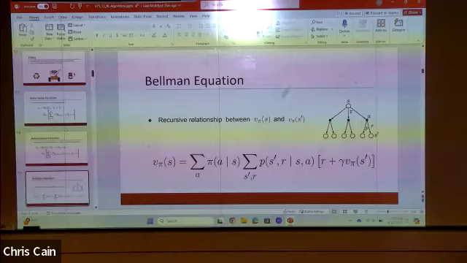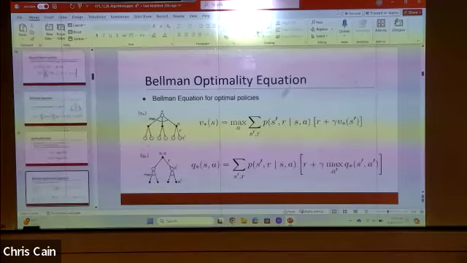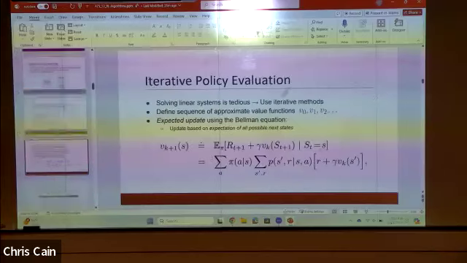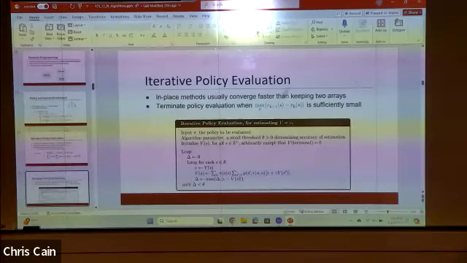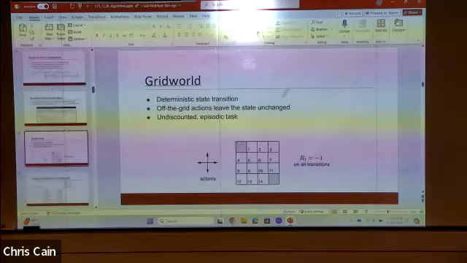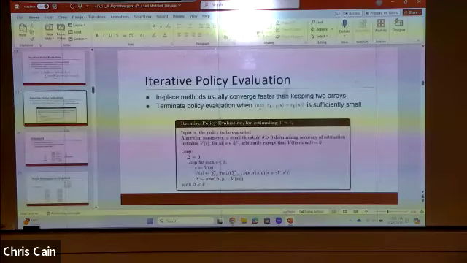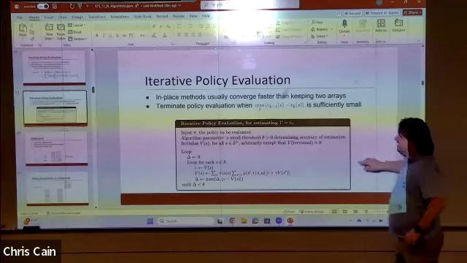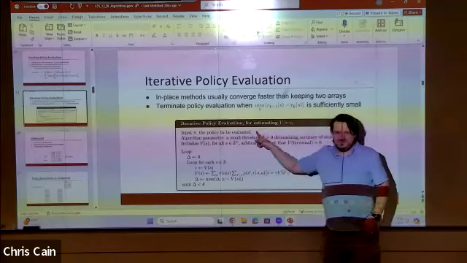Now we can apply one of these algorithms, like iterative policy evaluation, which we just talked about at the end of last time with regards to this grid world. This is the algorithm for doing that. So the input to this is the policy to be evaluated.